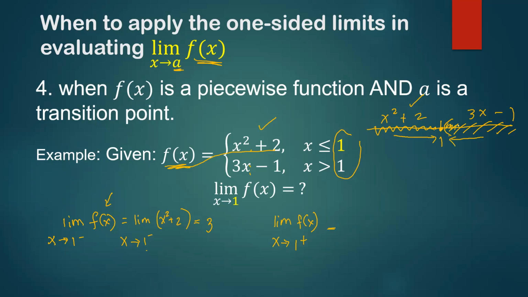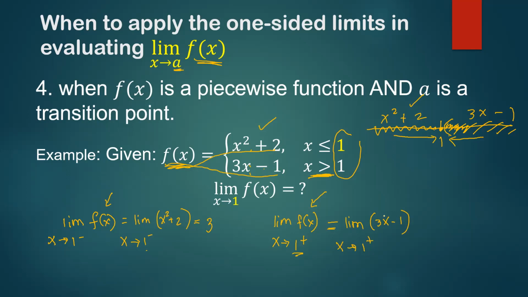So we consider the values here. And the function f of x is equal to 3x minus 1 for all the values greater than 1. Greater than 1 to, right? So that means we replace the f of x here by 3x minus 1. So andun pa rin yung limit notation of 3x minus 1 as x approaches 1, okay, from the right.